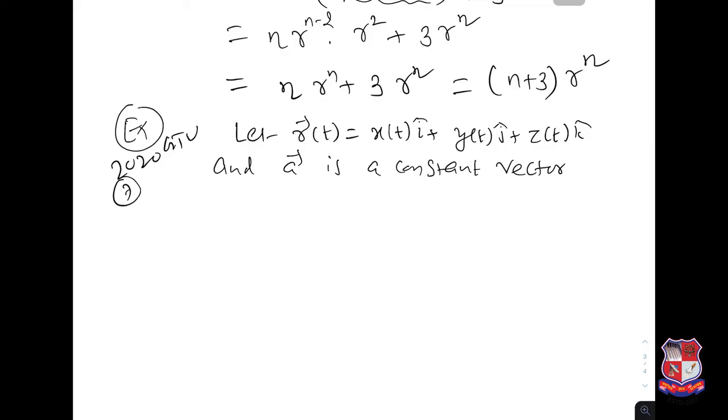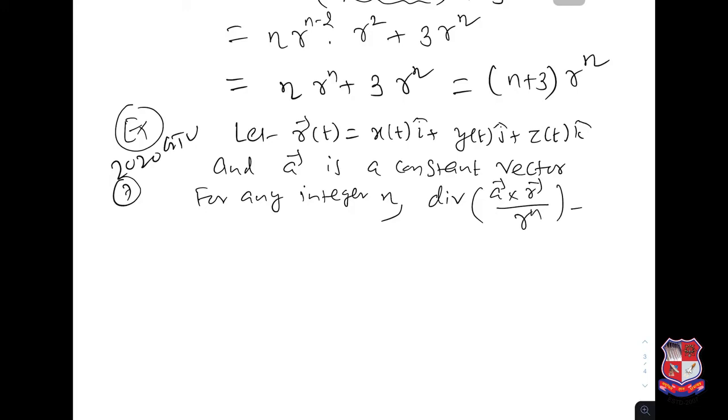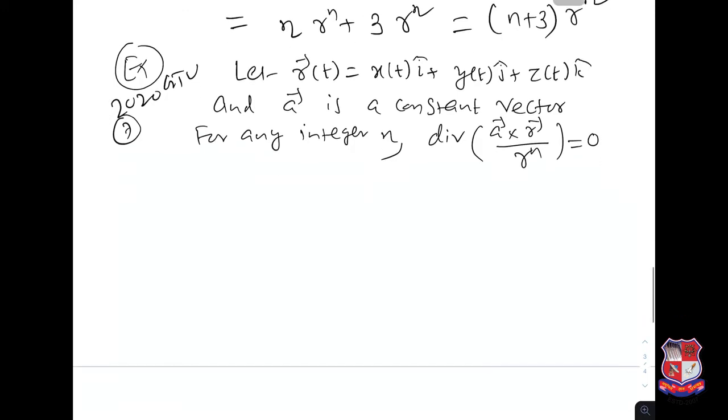Then for any integer n, divergence of A cross R over R power n is equal to 0. We can also write it like this: del dot A cross R over R power n equals 0.